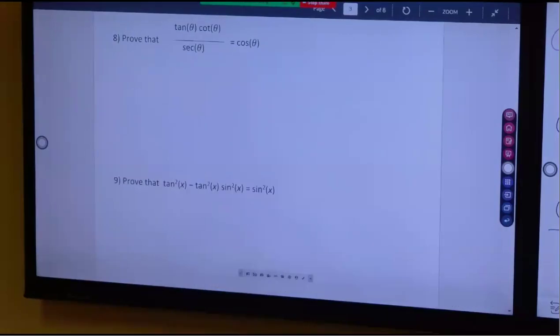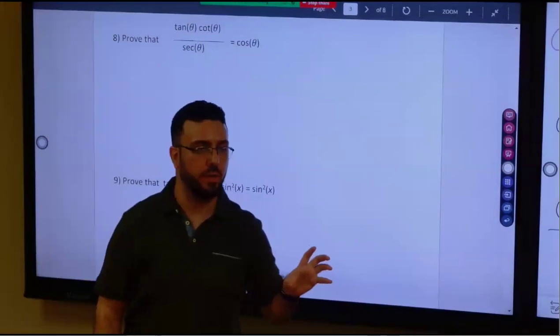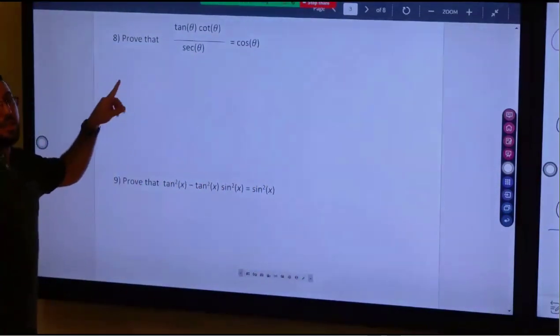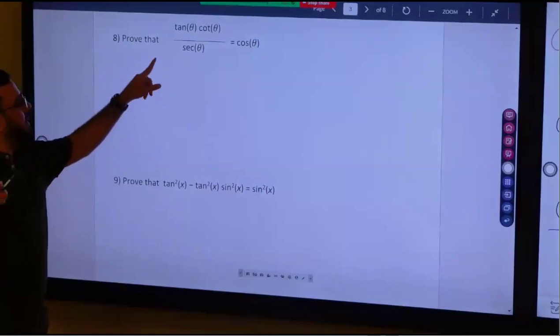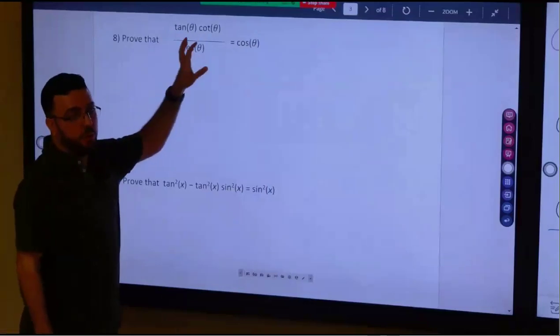Okay. Here's the thing, there is more than one way to solve it. Probably I solve it a different way. Your way is super fine. Tangent is the reciprocal of cotangent, right?